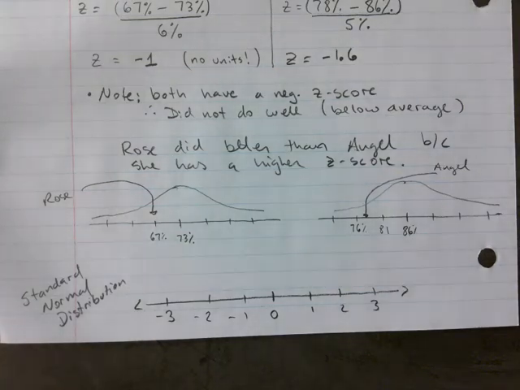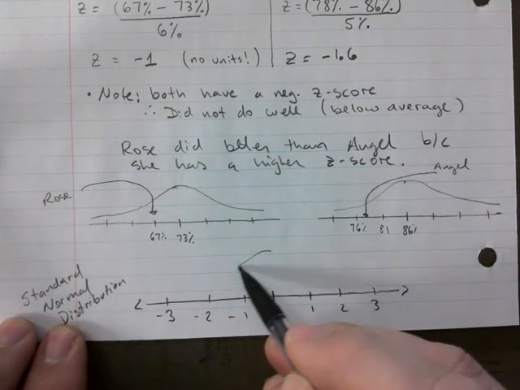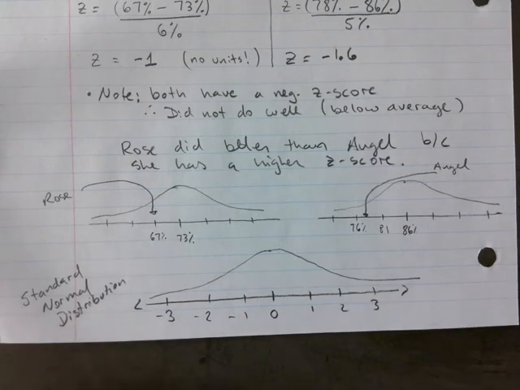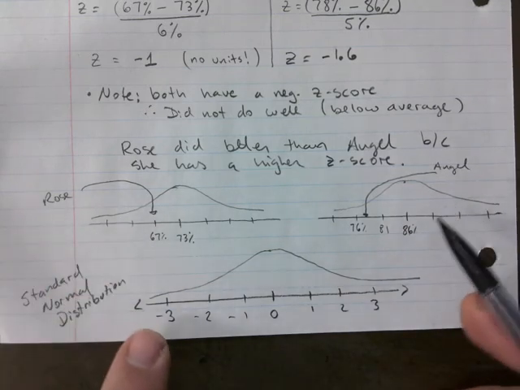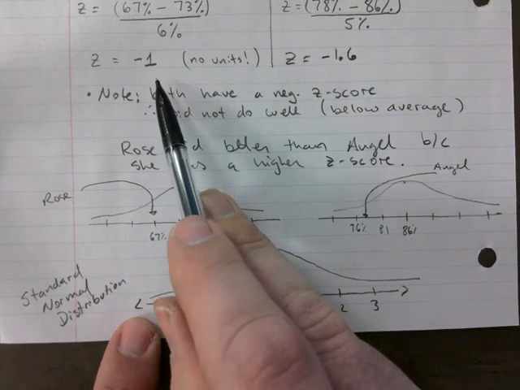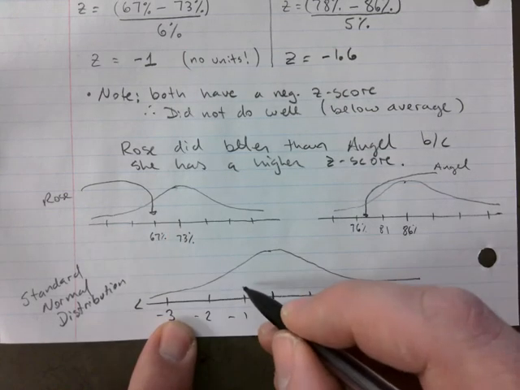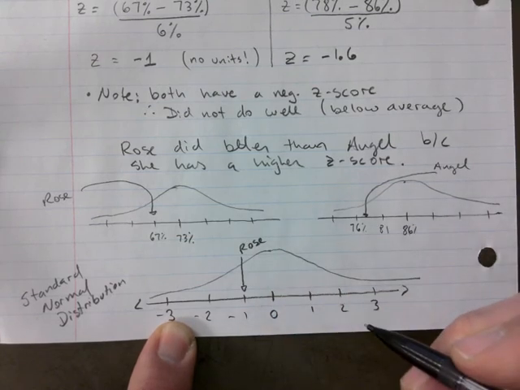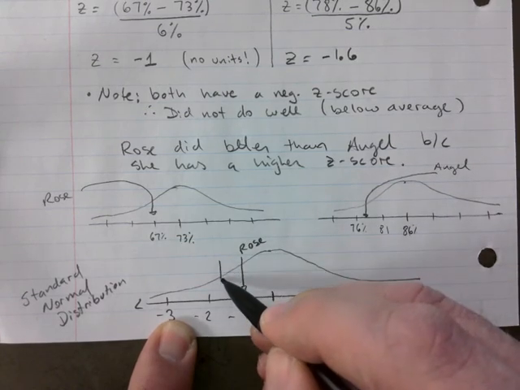That would be a way of putting them both on the same plane. So when you have your standard normal distribution, you can now say, let's look at the z-scores, and we put Rose right here, and Angel would be right there.